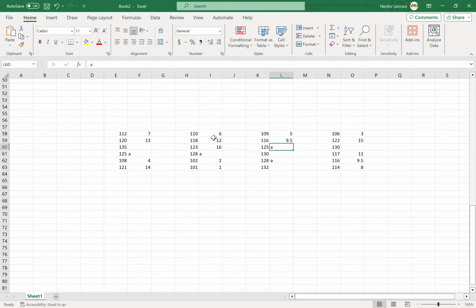Then I have a tie here and here. So instead of calling one of them 17 and the other one 18, I'm going to do an average. The average between 17 and 18 is 17.5. So this is 17.5 and this is 17.5. And then the last two, this is another tie. Instead of calling one of them 19 and the other one 20, I'm going to do an average.